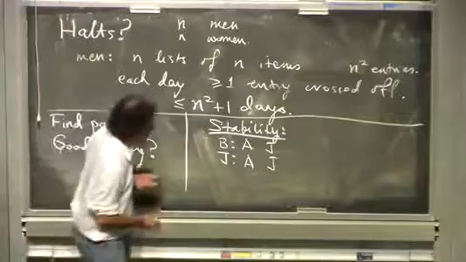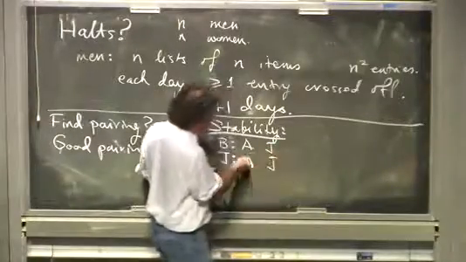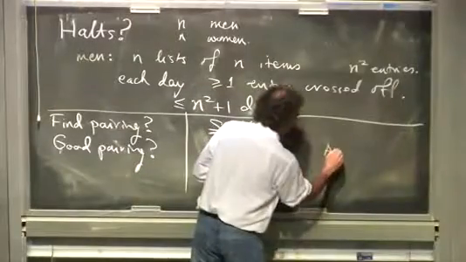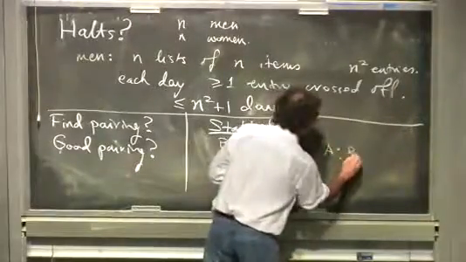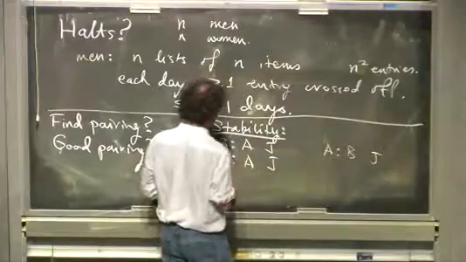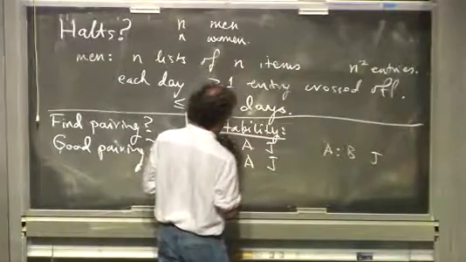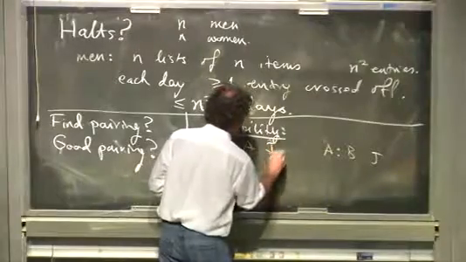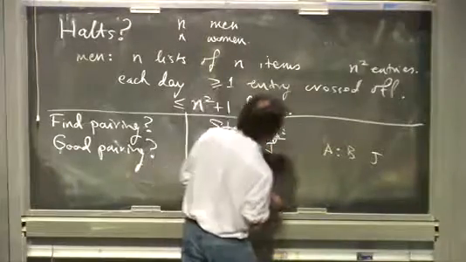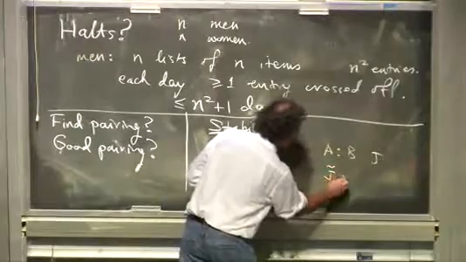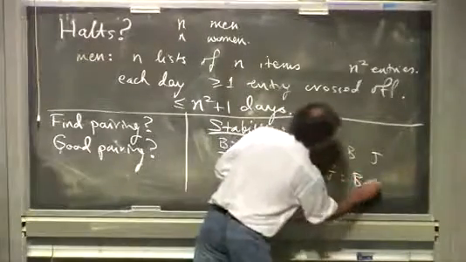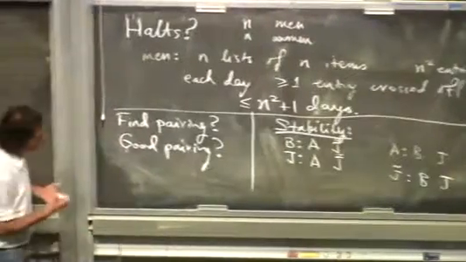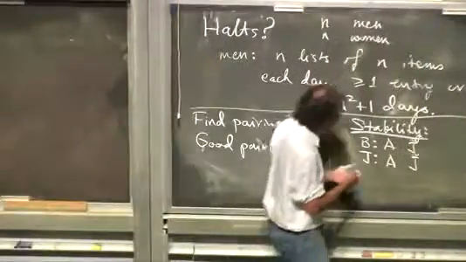This is the preference list, and A, of course, also likes B versus J. Let's decorate the J here to say that this is the woman, and that's J. Now suppose you create a pairing.